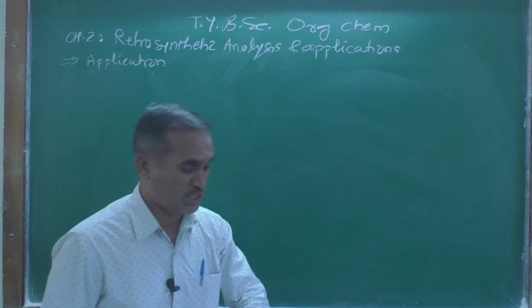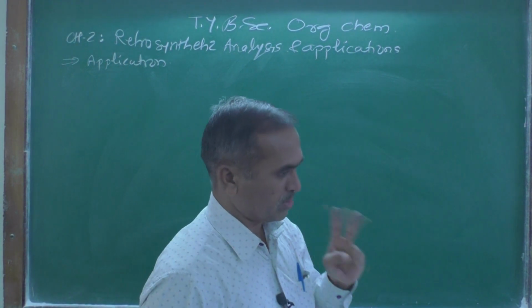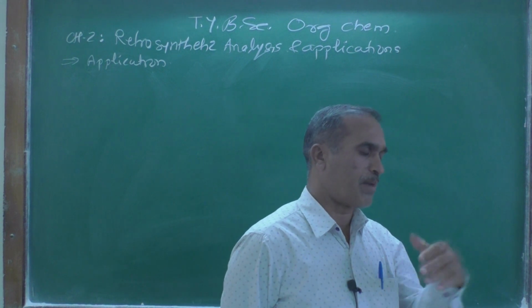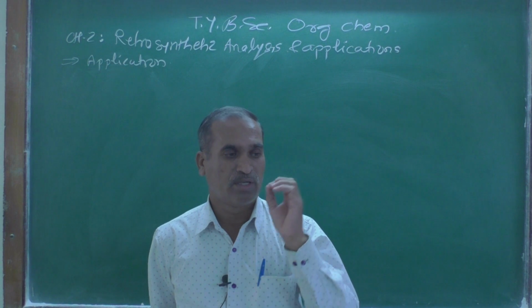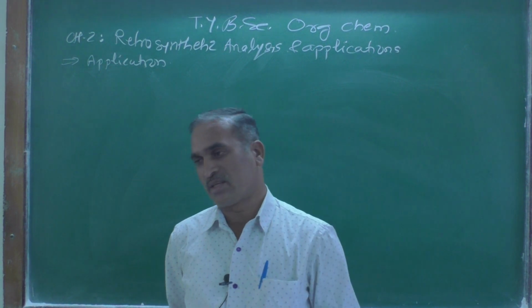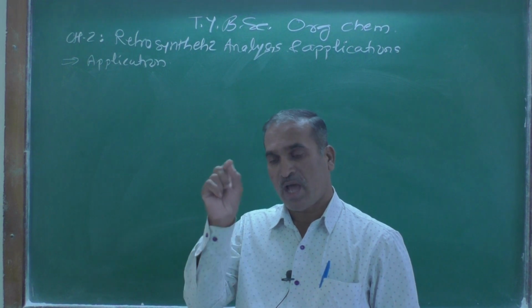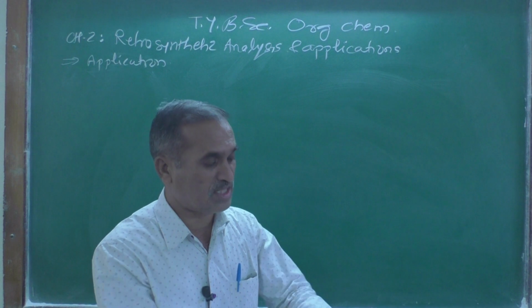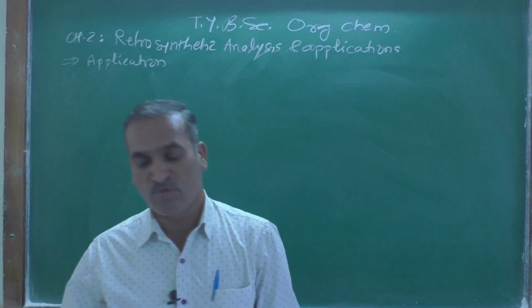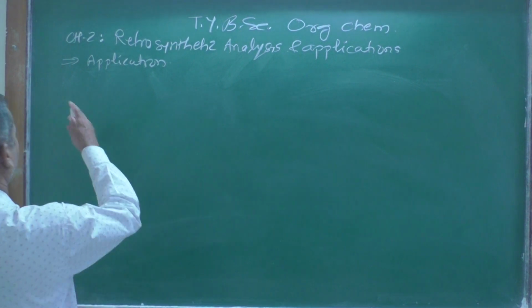This is a question that generally appears for 3 marks: 1.5 marks for retrosynthetic analysis and 1.5 marks for actual synthesis. It means write the retrosynthesis and synthesis of the following molecule. Let us see the first application.